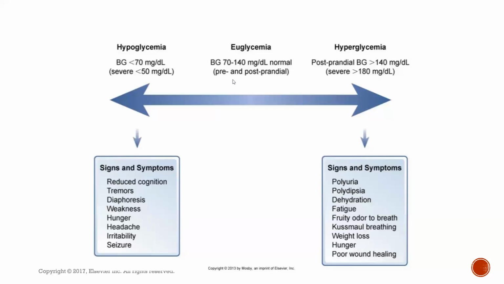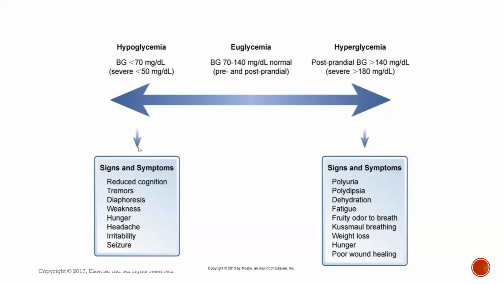This came from Giddens. Our ranges are a little bit different, but what's so key is signs and symptoms. You have to know the difference. Okay, these are the 3 Ps. There's even more than that if you think about it. Polydipsia, polyuria, polyphagia, hunger, poor wound healing, DKA, fruity odor of the breath, fatigue, they're exhausted, they have weight loss.